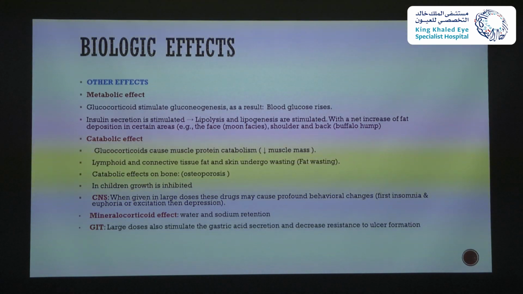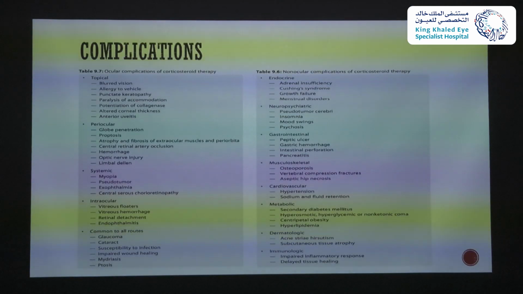Also, some CNS effects can lead to psychiatric manifestations, and mineralocorticoid effects lead to water and sodium retention. GI effects can cause gastric ulcer. The complications are a big list of systemic and ocular complications. We might go through some of them during the talk.